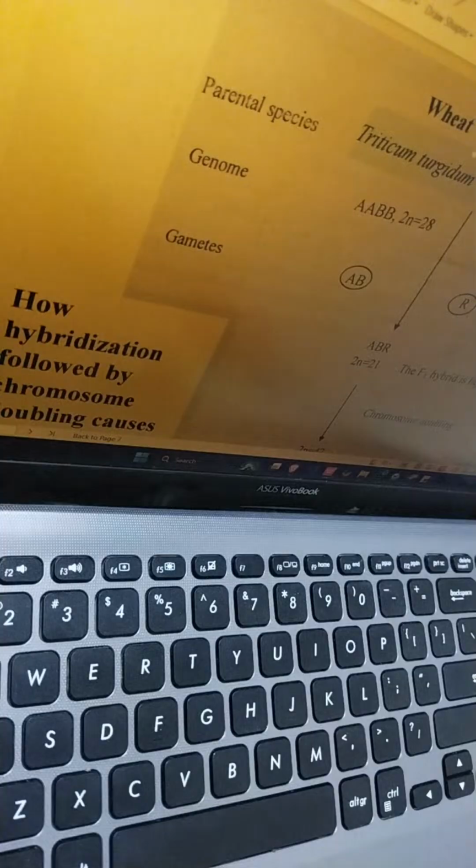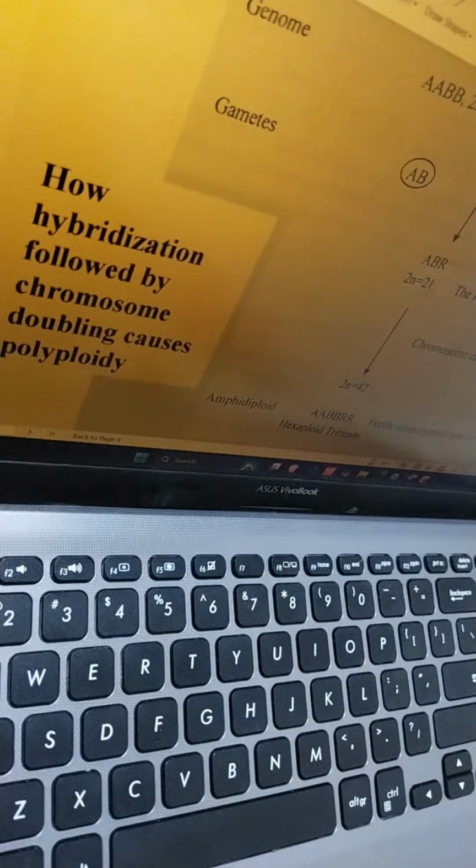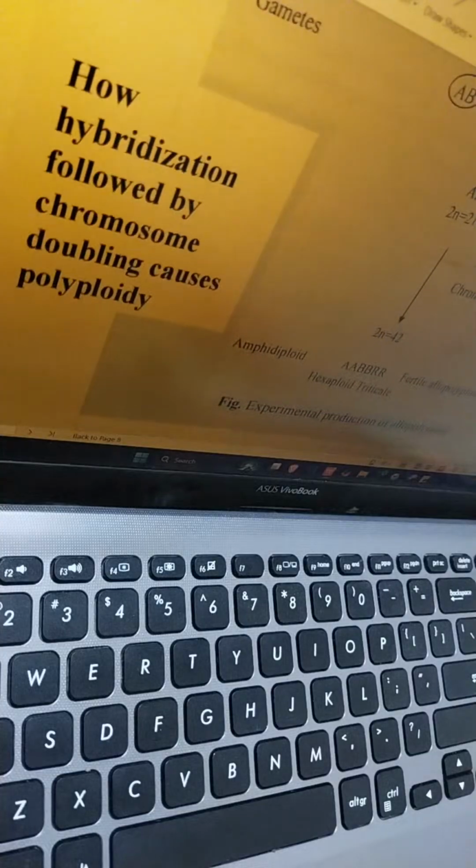The chromosome numbers are 28 and 14, then 14 and 7, giving 21: ABR, with AABB and RR as the parents. The F1 hybrid is highly sterile, so chromosome doubling is needed.